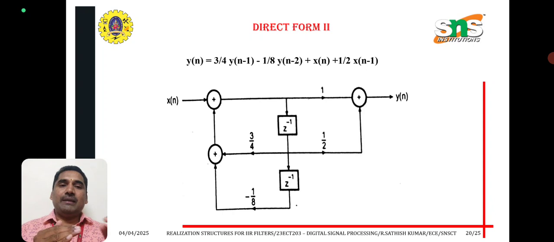X of n multiplied with 3 by 4 into z inverse, therefore we can get 3 by 4 into x of n minus 1. Again multiplied with z inverse, x of n minus 2 multiplied with minus 1 by 8, we can get x of n minus 2. Y of n is nothing but multiplied with z inverse, we can get y of n minus 1 multiplied with the constant term 1 by 2 into y of n minus 1. This is the direct form 2 structure.